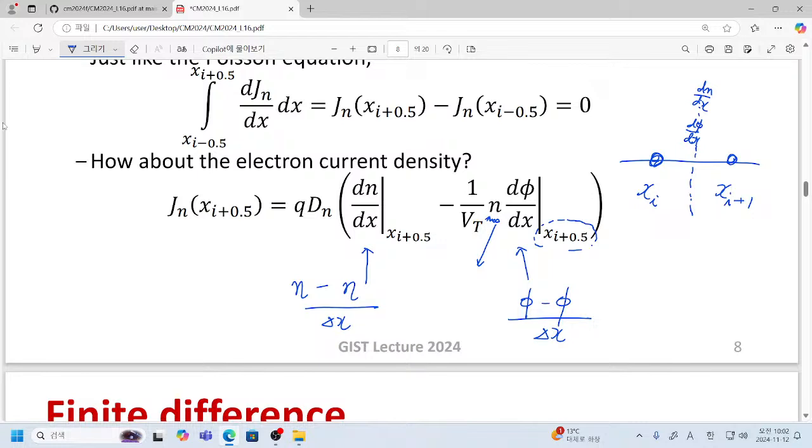This is nothing related with the first derivative, but just n itself is required. Then which n should be used? For example, you can try n at x sub i, or you can try n at x i plus 1, or you can also try the half of them, the average between these two numbers, x i and x i plus 1.